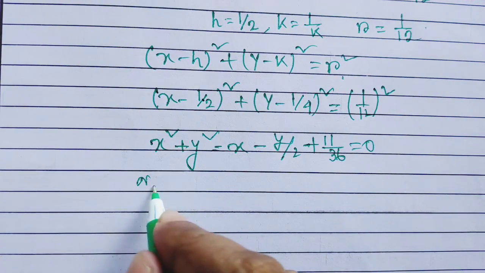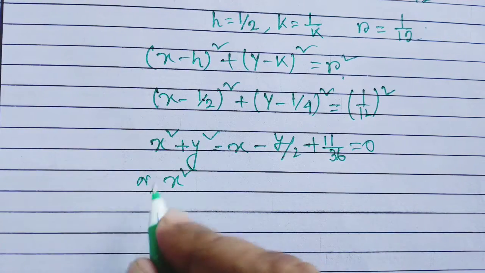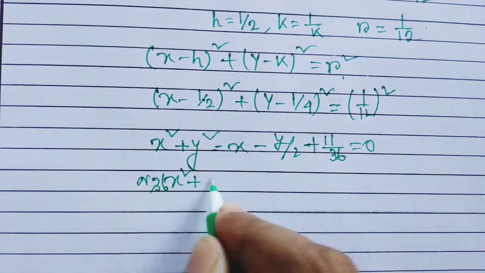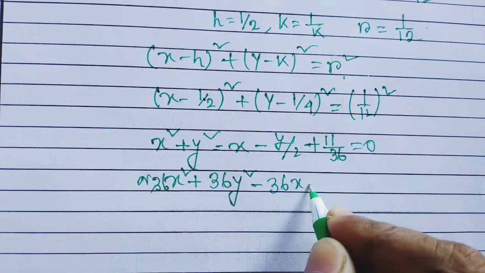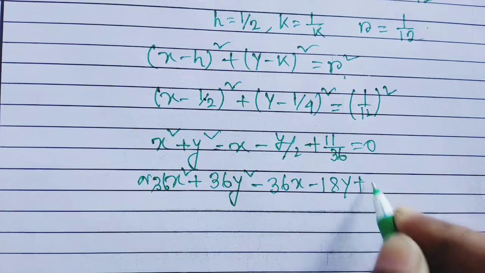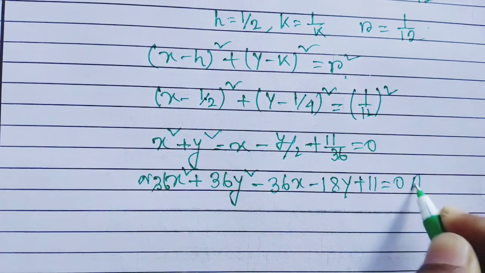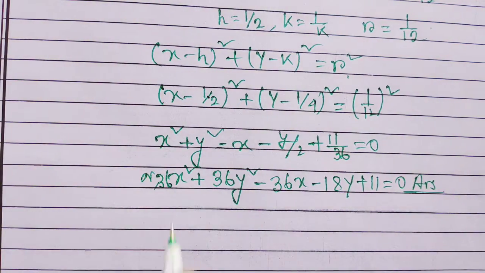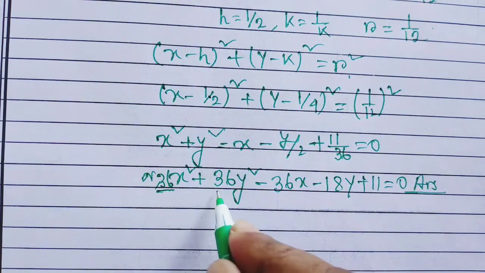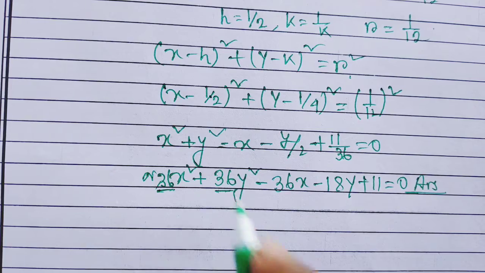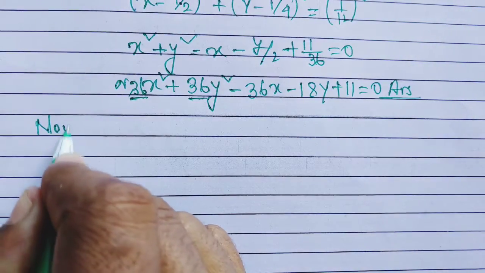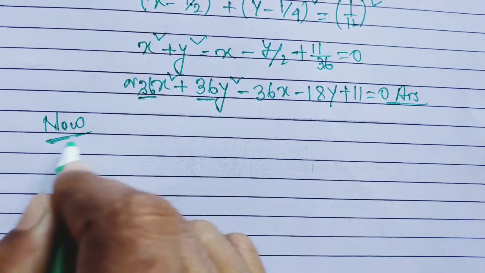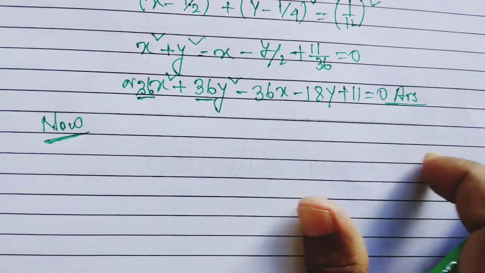And from here we can write 36x square plus 36y square minus 36x minus 18y plus 11 equal to 0. This is our final answer. And always remember the coefficient of x square and coefficient of y square will always be equal. Understood everyone?